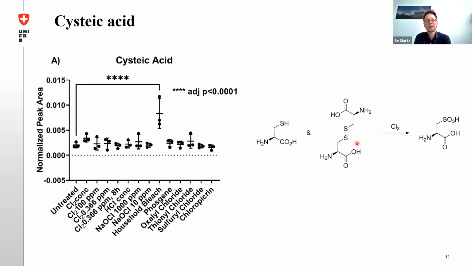In our targeted analysis, we were also looking for other amino acids because we were also looking at the sulfur-containing amino acids. In this case, we were looking at cysteine and also cystine, so the dimeric form of cysteine, and those are also main components in the human hair. And at this point, we were looking at oxidations.